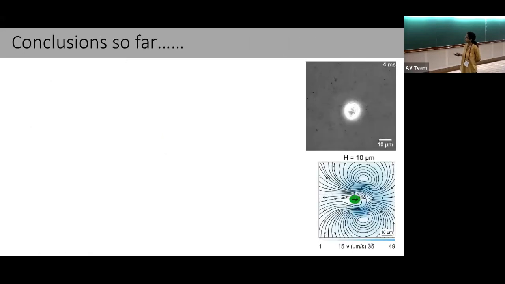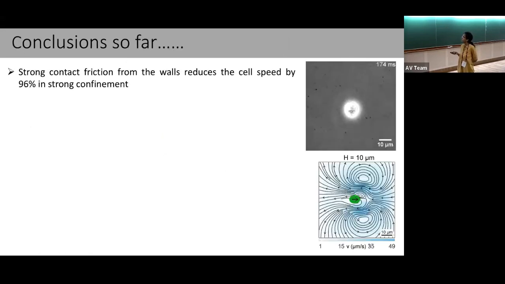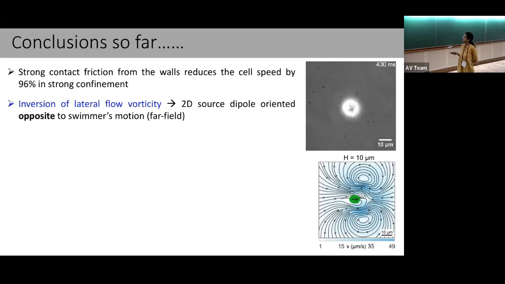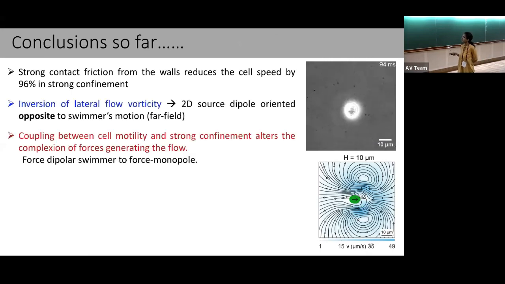So with this, I can conclude this part of the story, where the idea is that the strong contact friction from the walls reduces the cell speed, which then leads to inversion of the lateral flow vorticity. And the coupling between the motility and confinement alters the forces generating the flow.